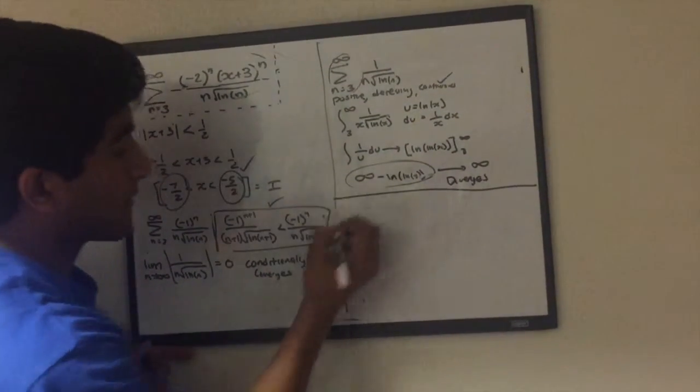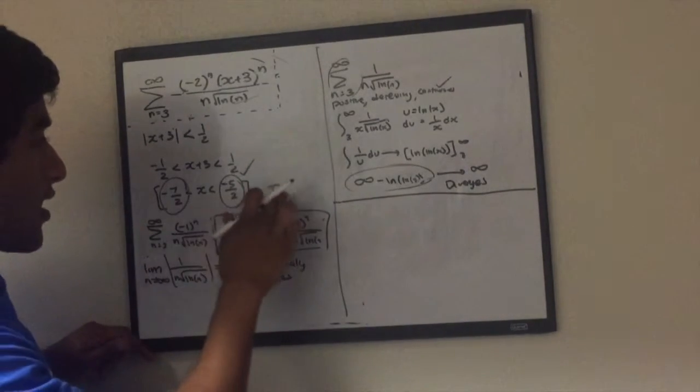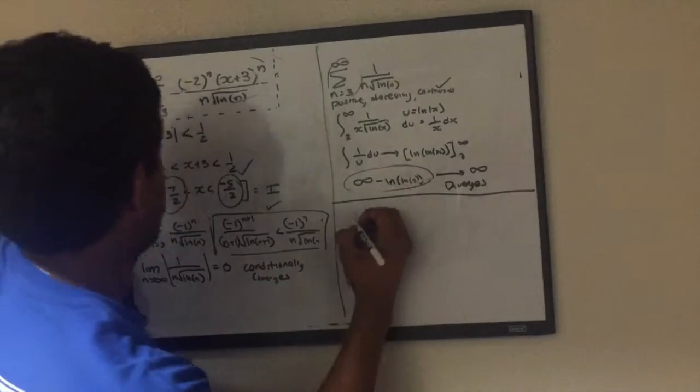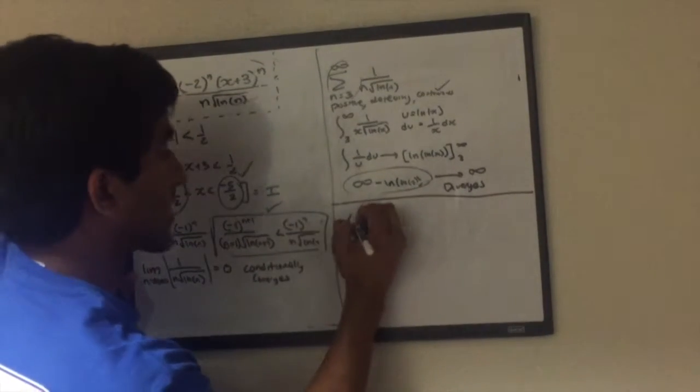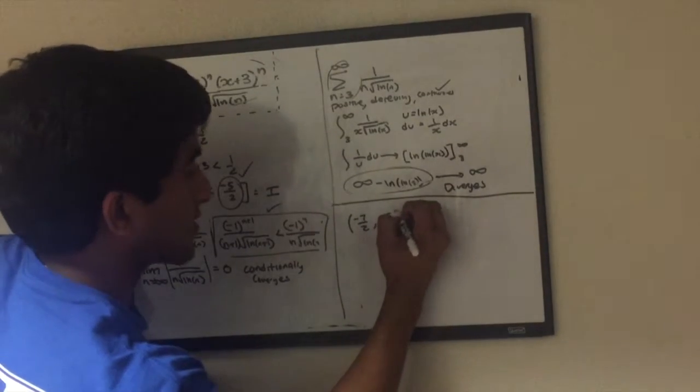Then, in the end, we can finalize our interval of convergence and say that it doesn't include -7/2, but includes -5/2.